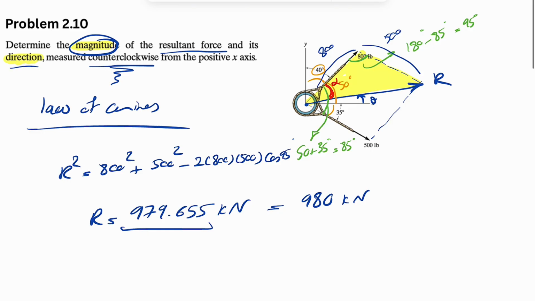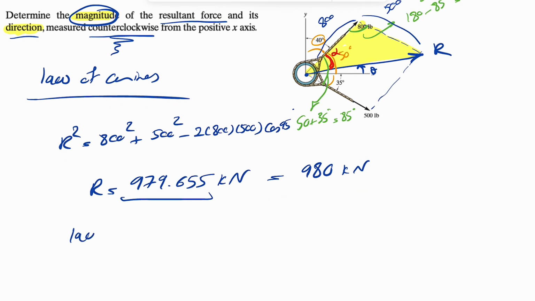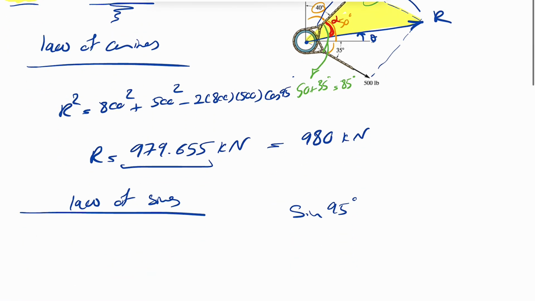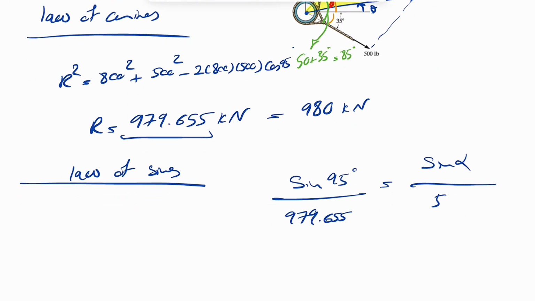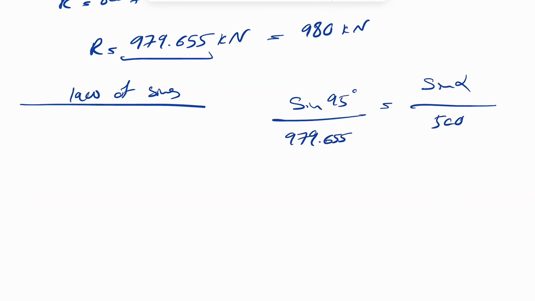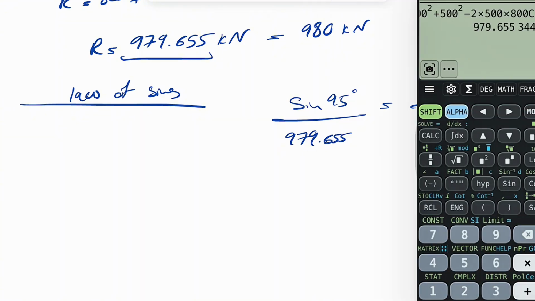So let's do the law of sines. We have sine of the angle 95 degrees over the R, which we found is 979.655, equals sine of alpha over the side in front of it, which is 500. So now we can find alpha.